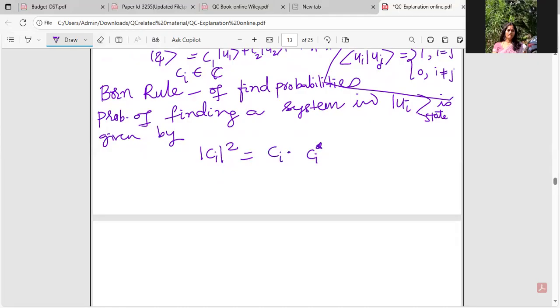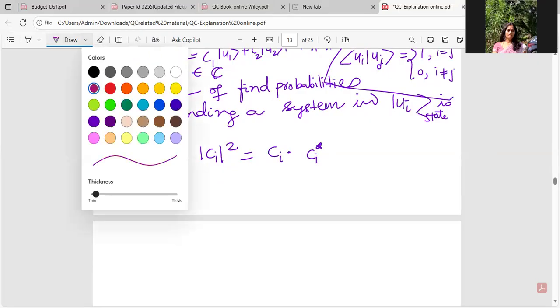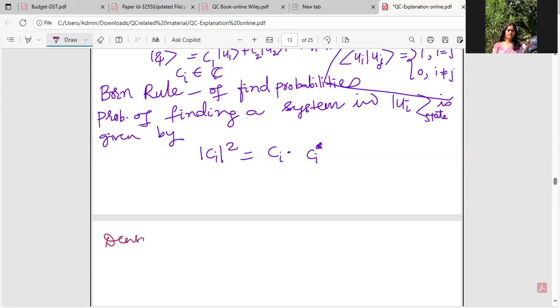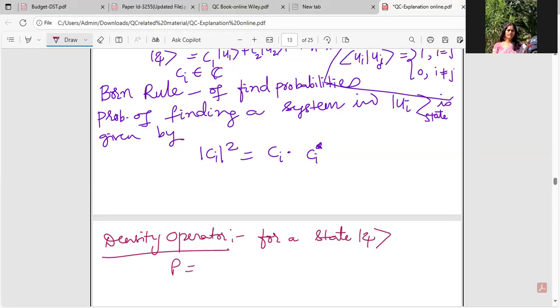Density operator. We usually use rho to denote density. The density operator for a state ket xi, rho, would be given by this value.